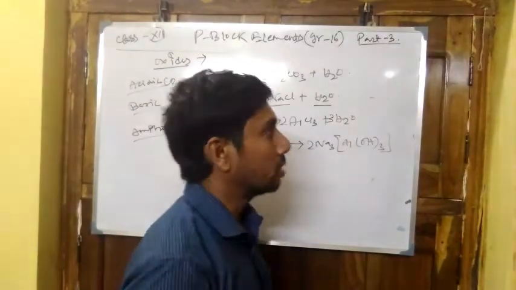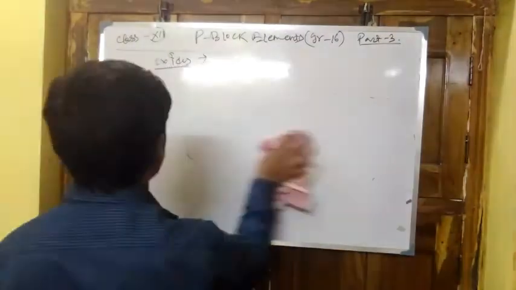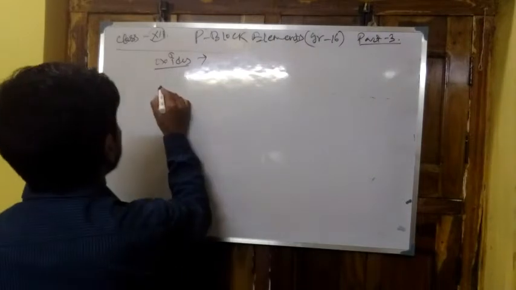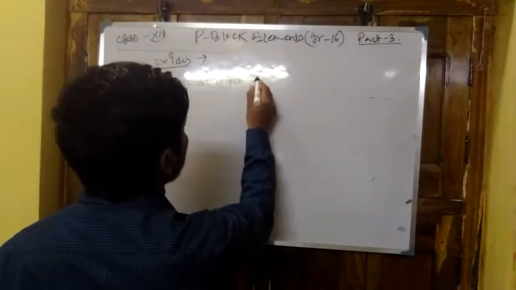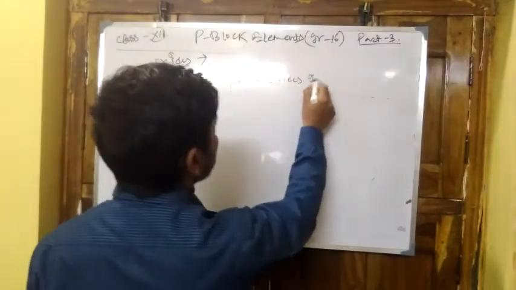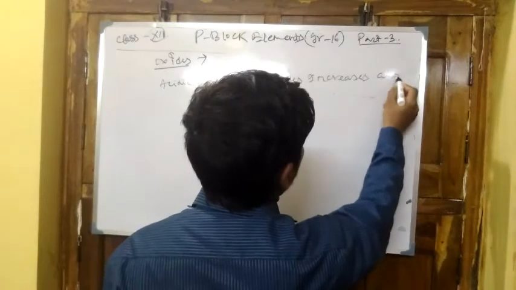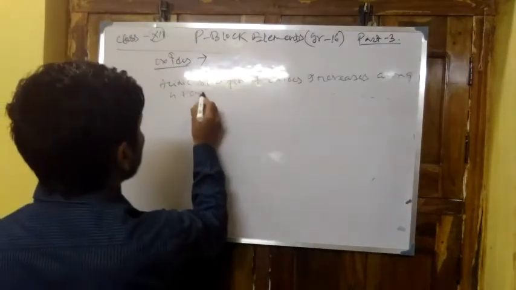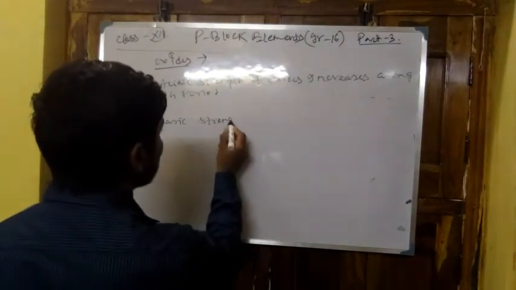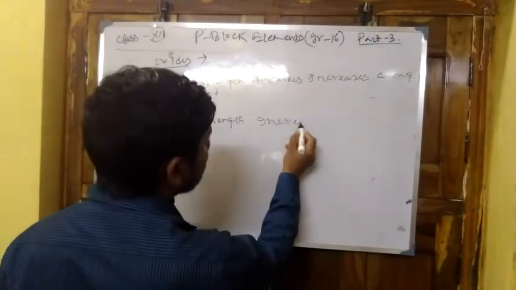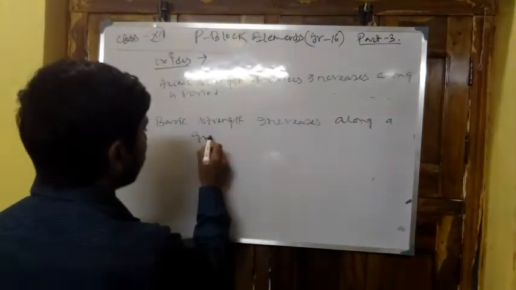The acidic strength of oxides increases along a period, and basic strength increases along a group.